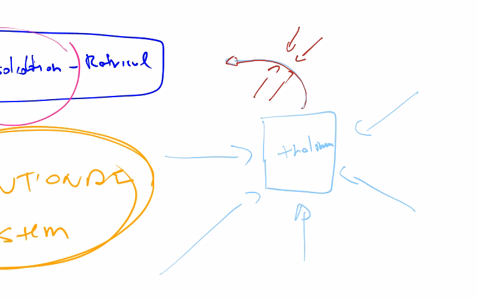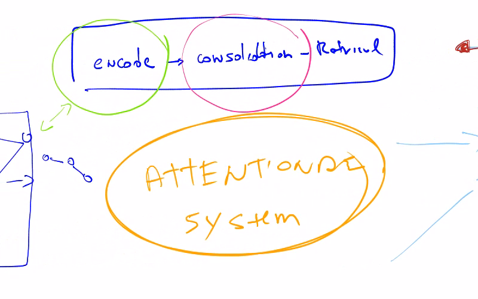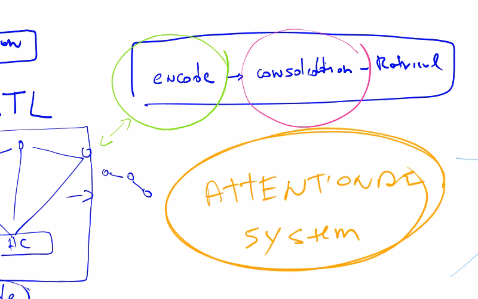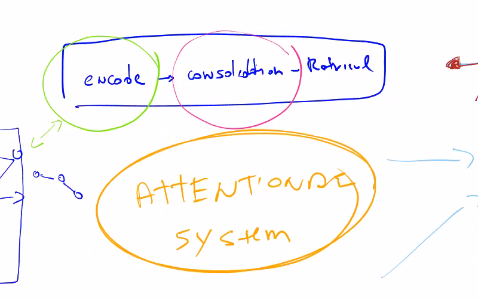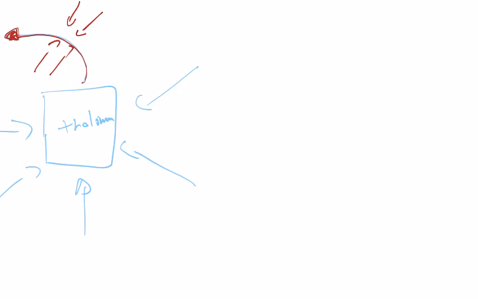We want to make sure the attention system will give priority to this thought, so then we can have a nice encoding, a nice short-term memory that will be the basis to become a long-term memory.